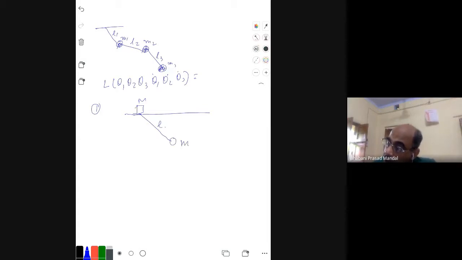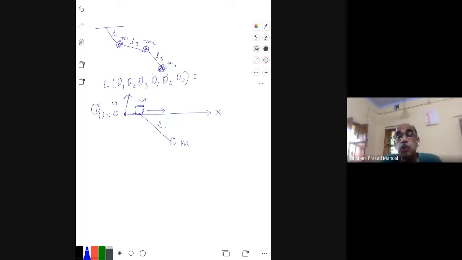Now this mass, capital M, is moving in this direction. Suppose this is my x direction, and this is my y direction. This level is my zero of potential energy, and this mass is connected with this small mass with the length.